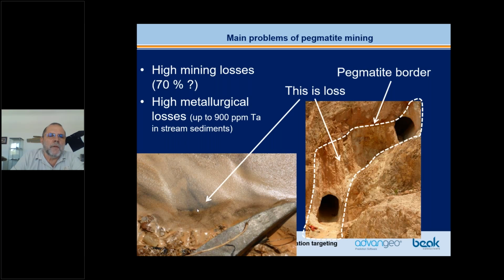So the grade in some of these sediment samples below the processing plants rises up to 900 ppm tantalum. It's almost 0.1% in this silt here. And remember, the grade in the ore itself is around 200 ppm only.